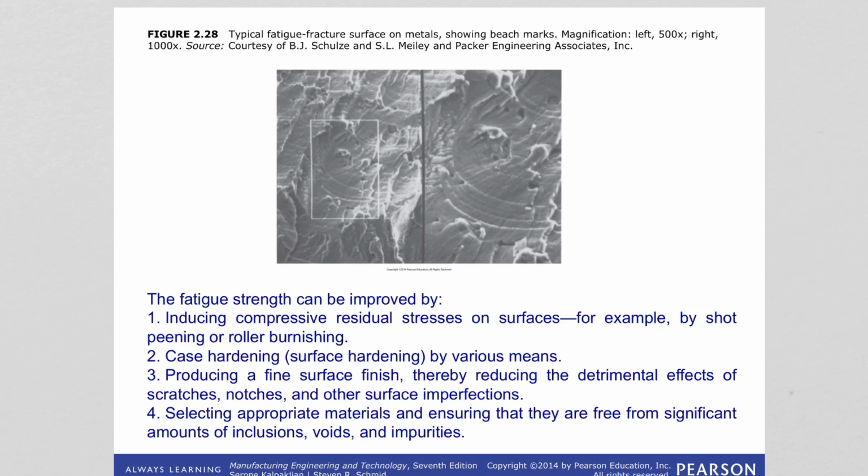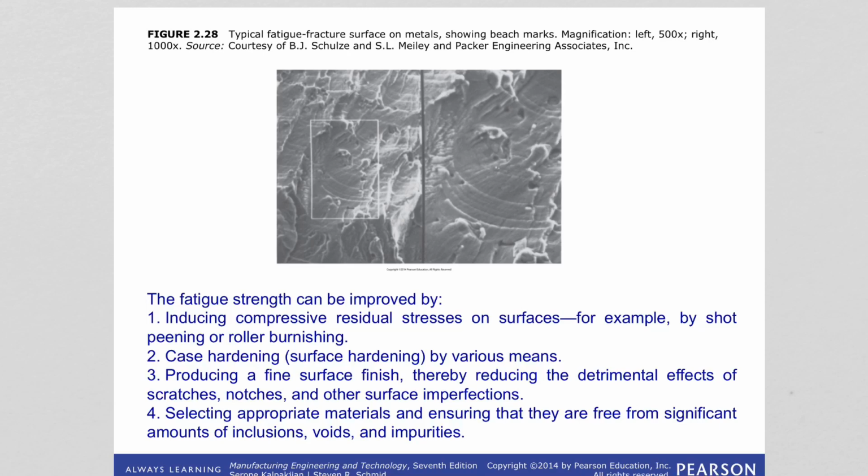So this is how people look at the fractured surface and get information about why the material actually failed. And if we see these beach marks, we can conclude that the material failed by fatigue fracture.